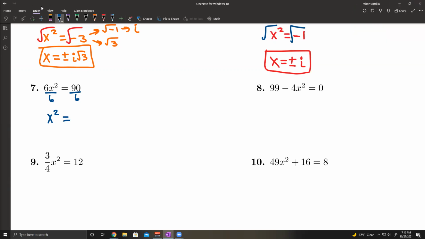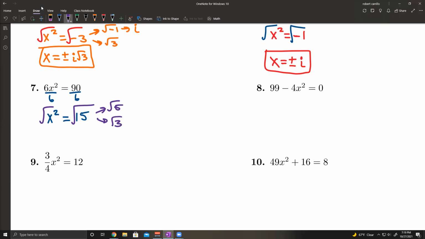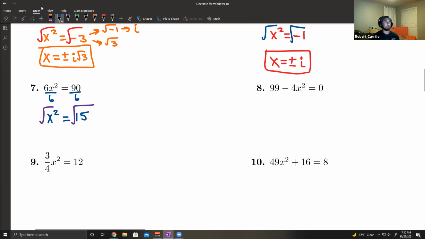Good. And then you square root both sides. And 15 is the square root of 5 and square root of 3. Can you break those down anymore? No. So that means that this just becomes x equals plus or minus square root 15.